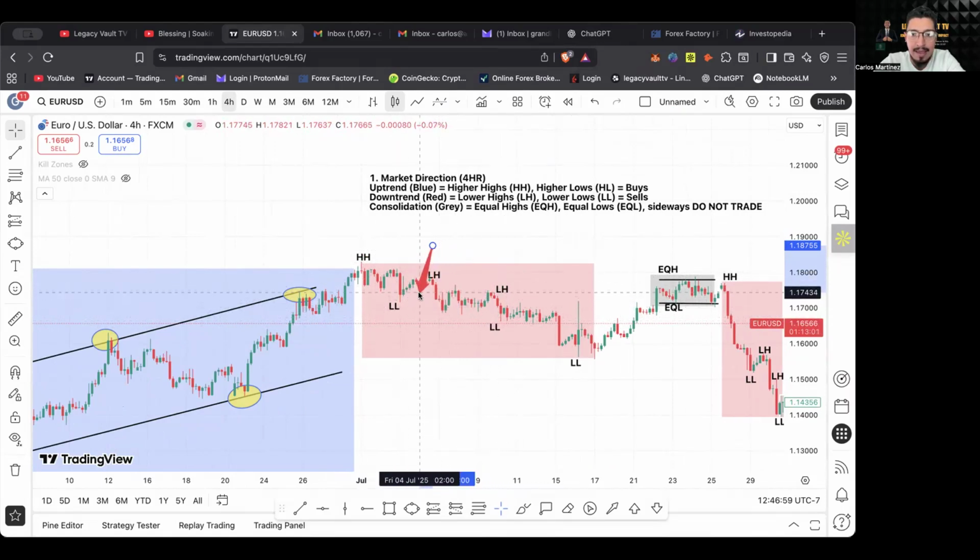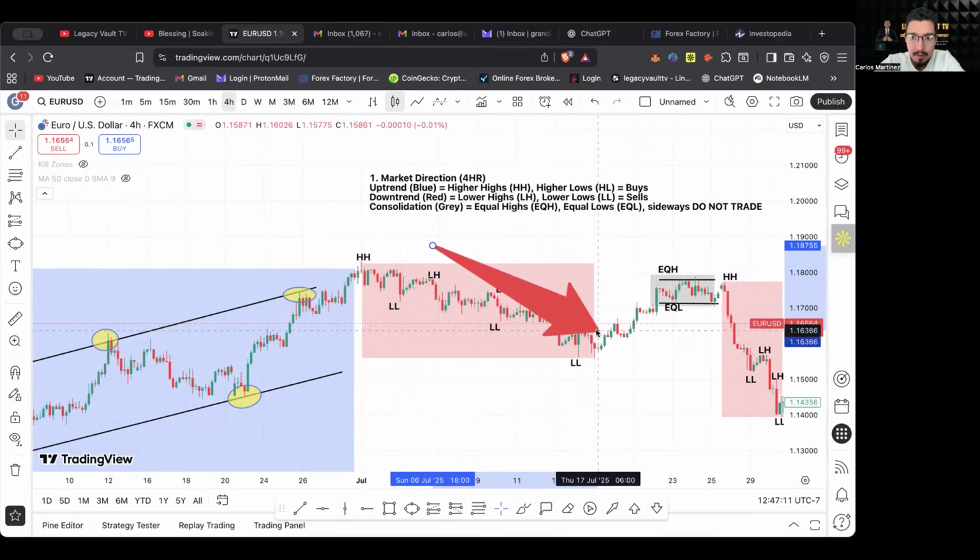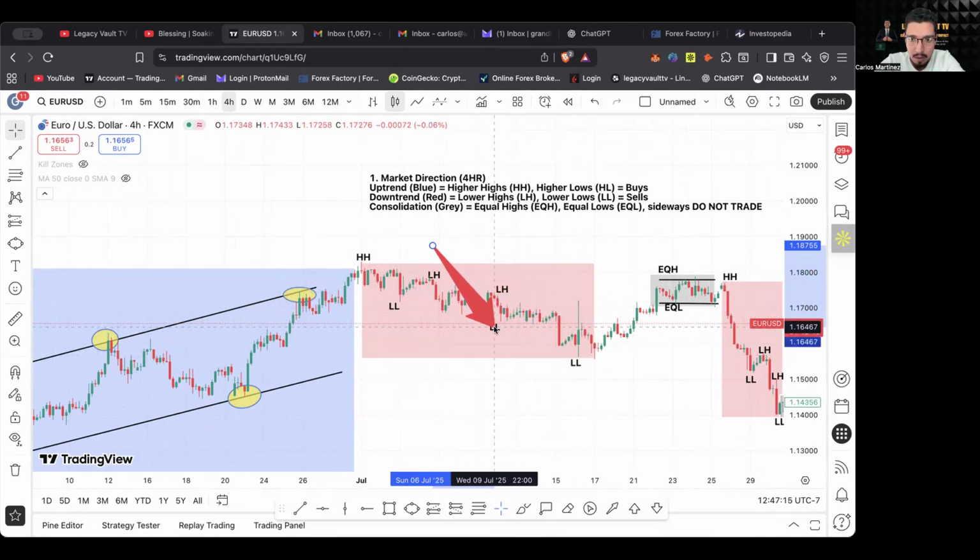So you want to see each peak where price is on a downtrend during this market phase. And this lower low here is lower than this lower low.